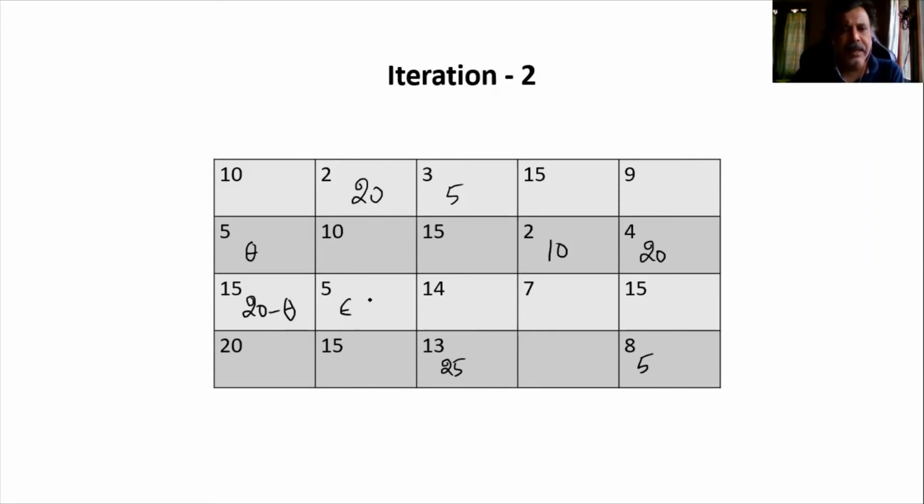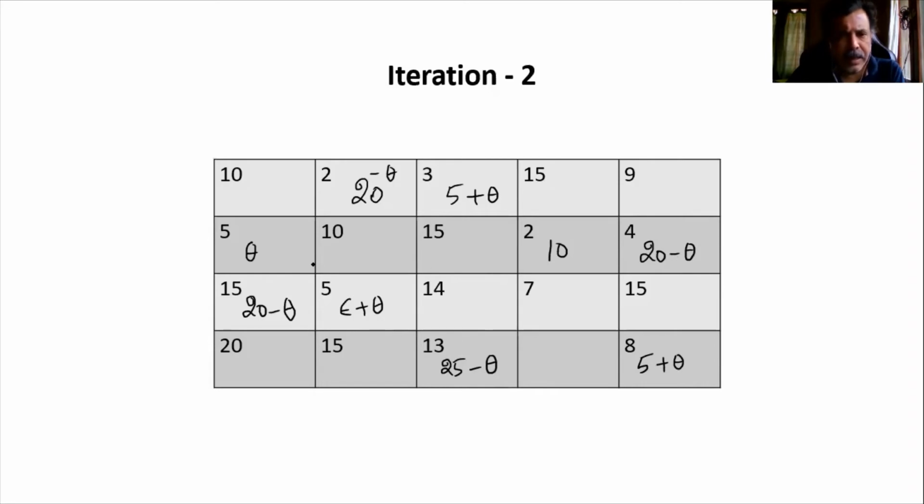Since I subtracted a theta here, I should add a theta here. Since I added a theta here, I should subtract the same quantity theta here. Since I subtracted here, I should add that same quantity here. Since I added here, I should subtract the same quantity here. Since I subtracted the theta here, I should add here. Then I should subtract it here.